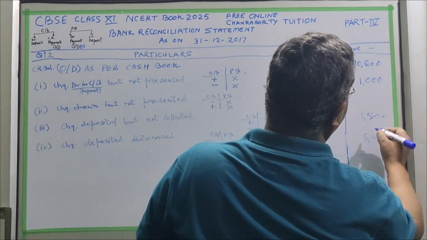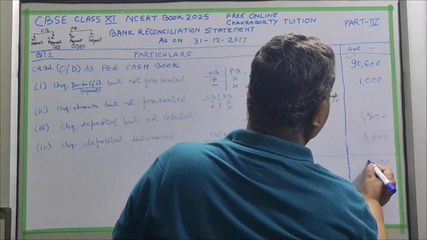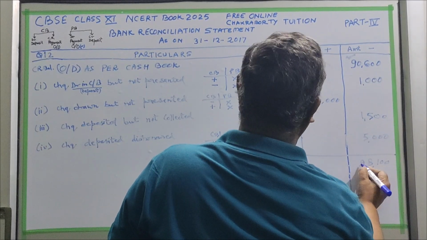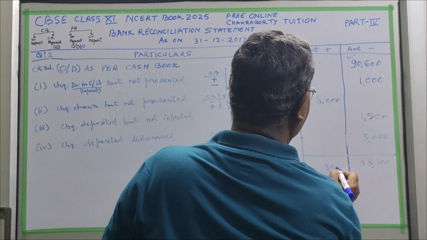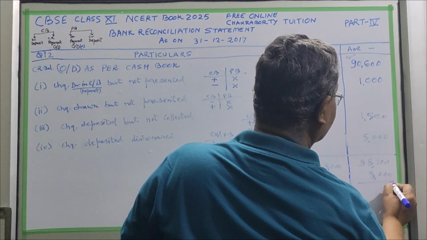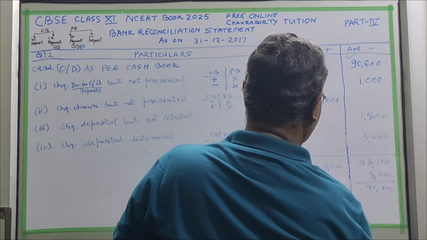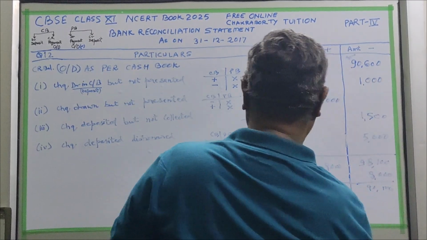So, 8,000. It will come to this side, so 90,100. It is a debit position. Okay, debit position 90,000.